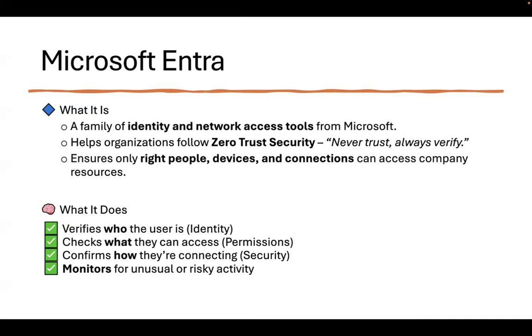And it monitors for unusual or risky activities. All these things are taken care of by Microsoft Entra. Same as Active Directory, but there are some differences in how Microsoft Entra works and how the on-premise Active Directory works. We'll be seeing them in the coming slides.